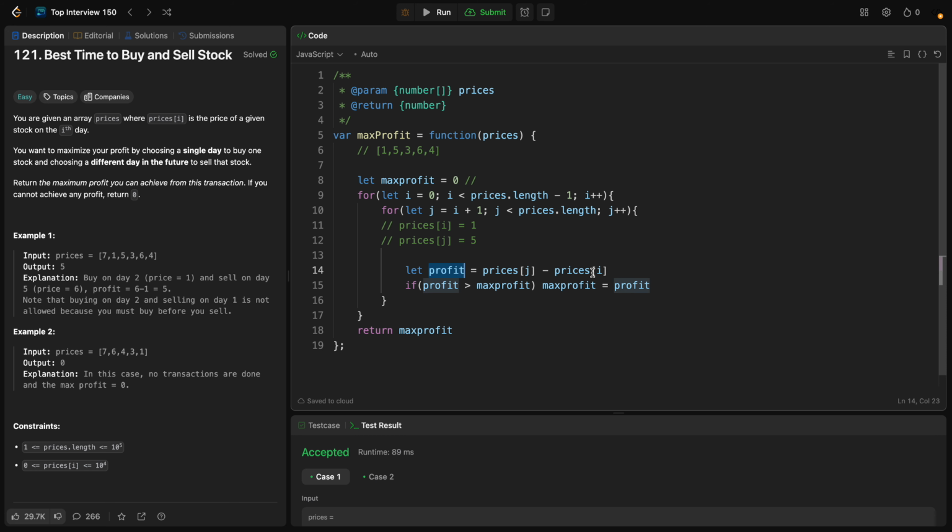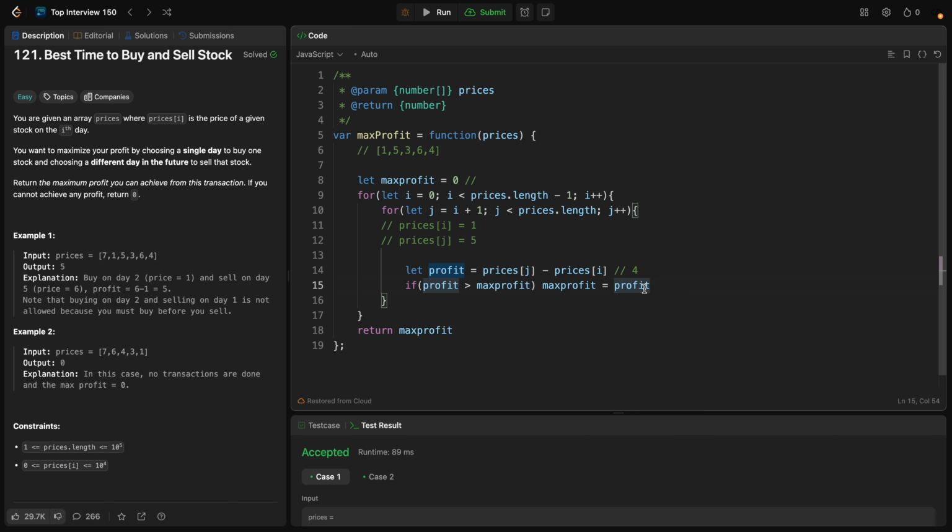So the profit here will be 4, and for the max profit, I will say if the profit, which is 4, is bigger than the max profit, that was true, the max profit equals profit. So right now max profit equals 4, and I will continue looping with J.